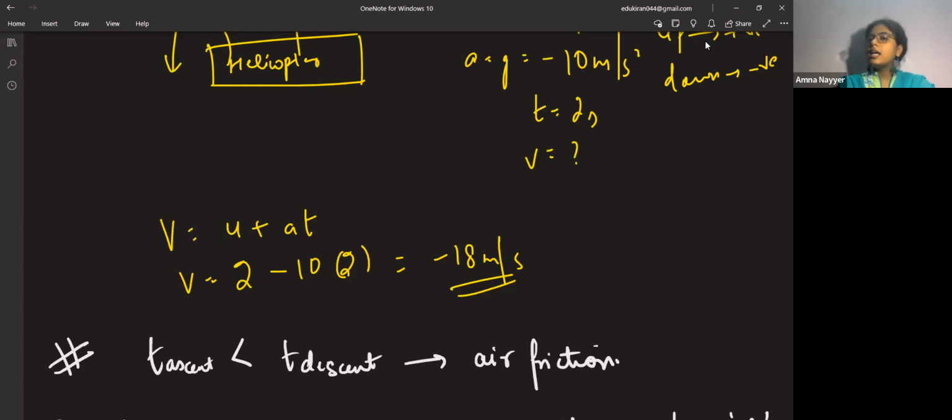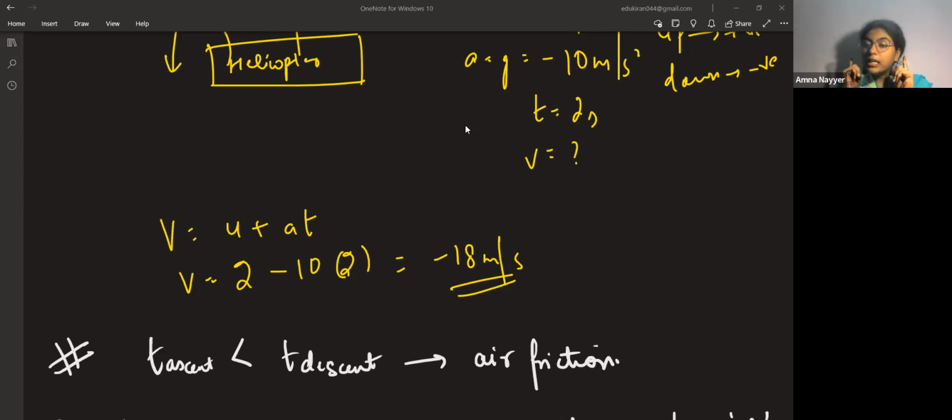He chooses upwards as negative and downwards as positive. So when he solves this question, his velocity will come plus 18 meters per second. That will also show downwards. Why will it show downwards? Because according to him, his sign convention was downwards as positive.